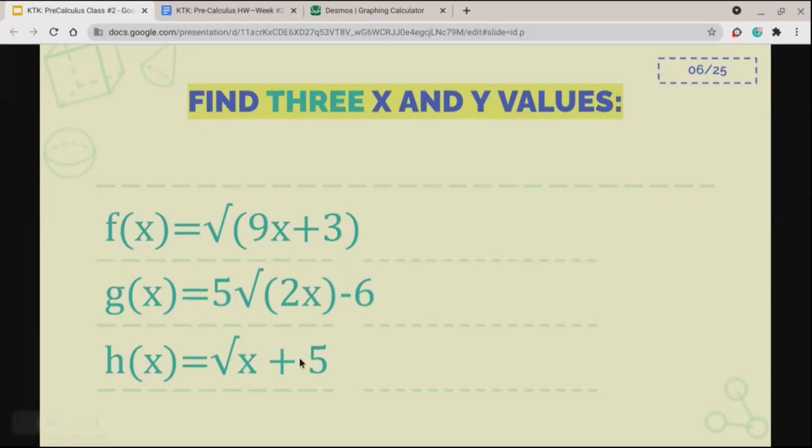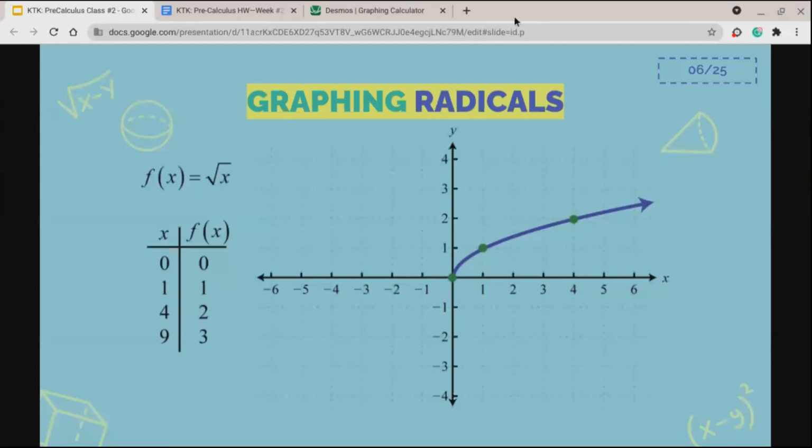So what you basically want when you're graphing these radical functions is an x value that will give you a nice whole number out of your equation, something that's very easy to graph. We're not going into in-depth graphing of radicals right now. It's just very simple, plugging the value in and getting a value out of it. All right, any more questions? Did I answer your question?